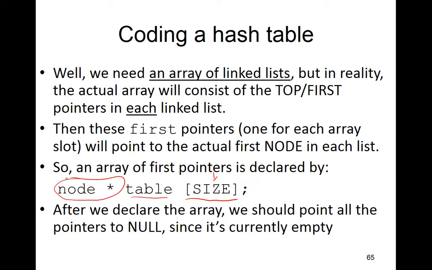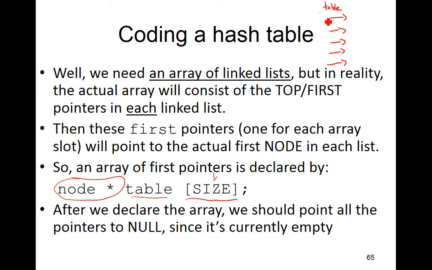It's an array of pointers, that's what the star means, to nodes. When we declare this, what am I actually getting? I'm actually just going to get a bunch of pointers.